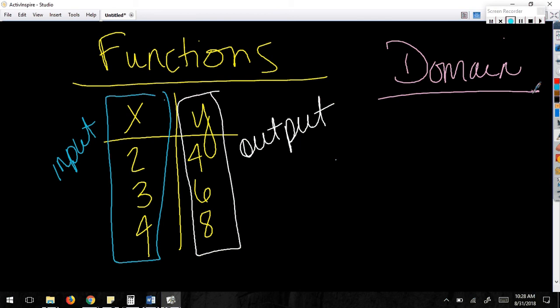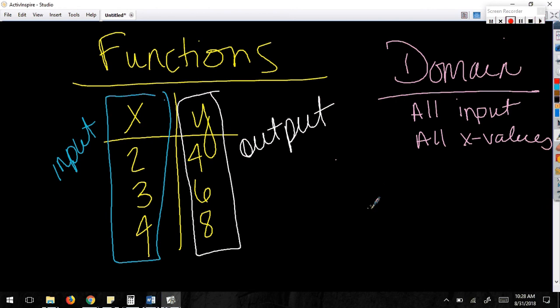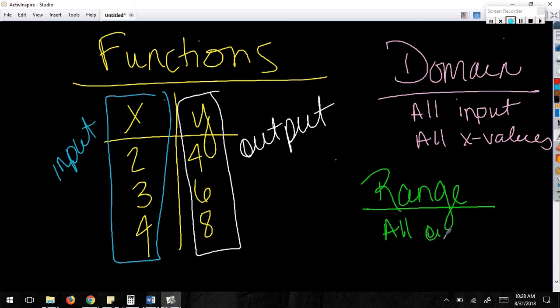The domain of a function is all input values, or all x values in the function. And then we use a big word to describe the output, or the y's. Does anybody know what that is? It's range, okay? Range are all output or all y values.